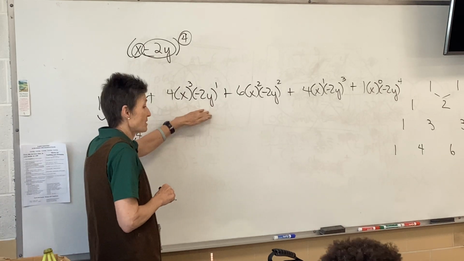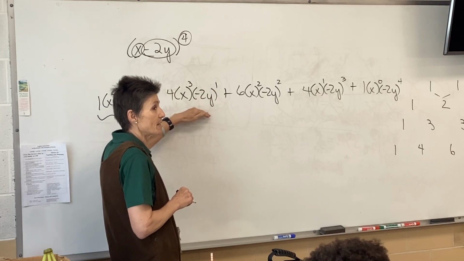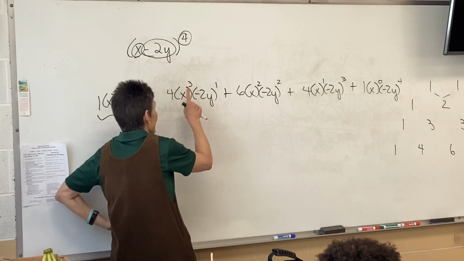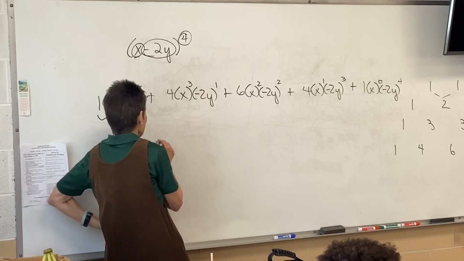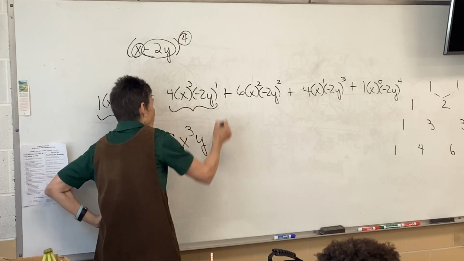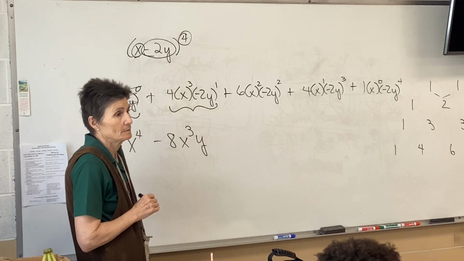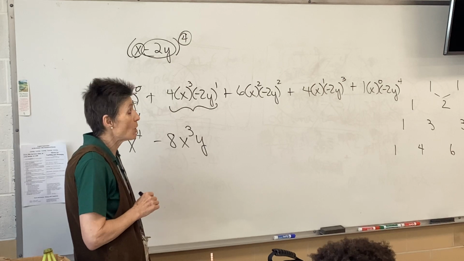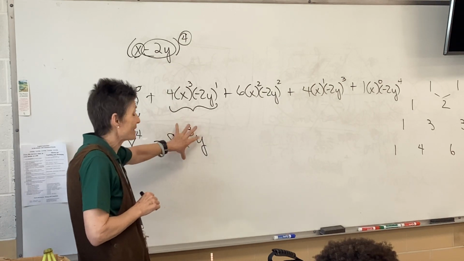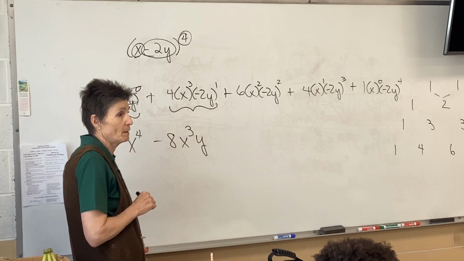Now, in the next term, this is all multiplication. So you are multiplying a 4 and a negative 2. So that's going to be negative 8, x cubed y. This is all multiplying. There's no subtraction in there. Well, there's subtraction in front, but that is one term all multiplied.